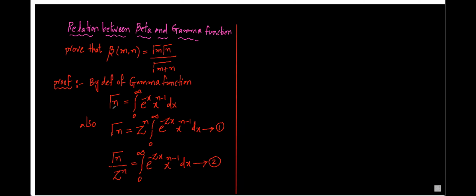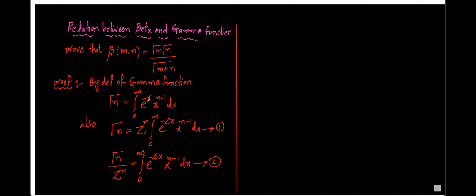See what I told you in the definition of gamma function. If we change the value of n here, it definitely affects the value of n there. If I write m here, the m will come there. If I write p here, the p will come there, x to the power of p minus 1. And you can change the variable also. You can write gamma of n is equal to integral 0 to infinity e power minus, instead of variable x you can use a variable y also, that is also correct.